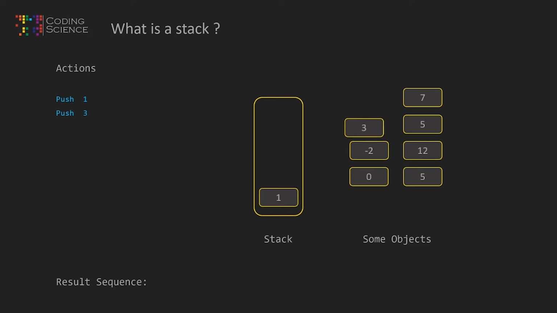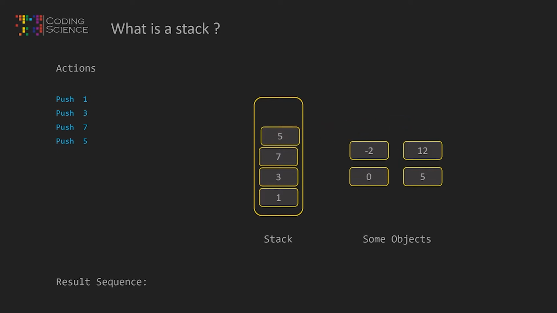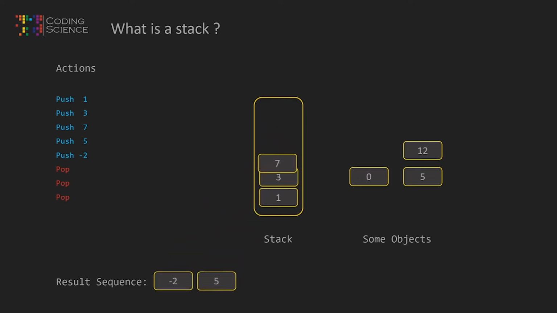We start by pushing some elements, 5 elements actually. The first element is 1, and the latest element is -2. It's the last element that we put in. So now let's pop them out and see who comes out first. So we're going to do the pop function, which is the word used for retrieving elements, and push is the word used for putting things in the stack.